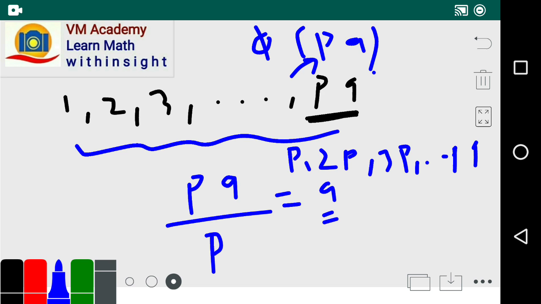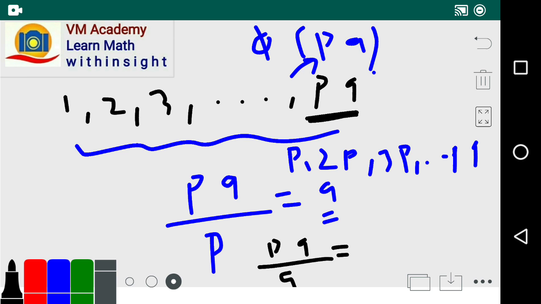Similarly, how many numbers are there that are multiple of Q? That is nothing but PQ divided by Q, and it results as P numbers, and those are nothing but Q, 2Q, so on up to PQ. In this counting, we counted PQ twice, friends.